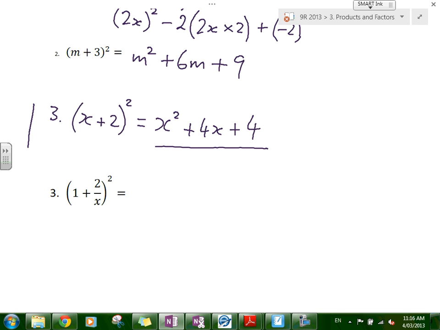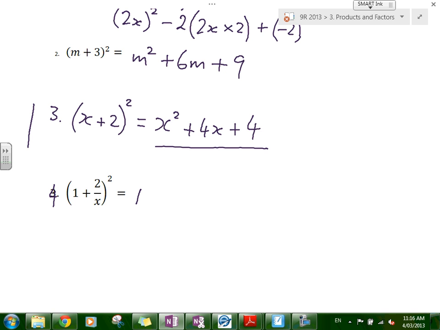Okay. Last example, if you can look here, please. We've got 1 plus 2 over x all squared. What's the first term going to be? 1 squared. First term is 1. What happens when I multiply the two terms together? 2 over x.